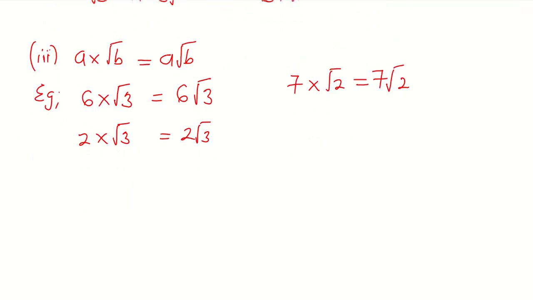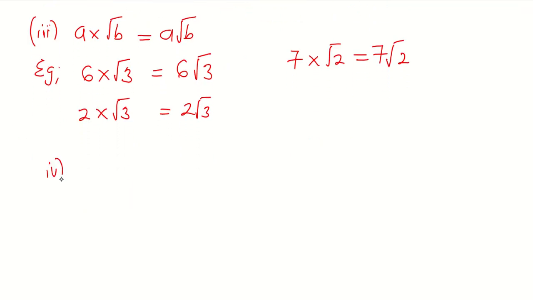Now the last one is, we can think of A square root of B multiplied by C square root of D. Now with this, we are going to multiply the coefficients and then also multiply the surd.